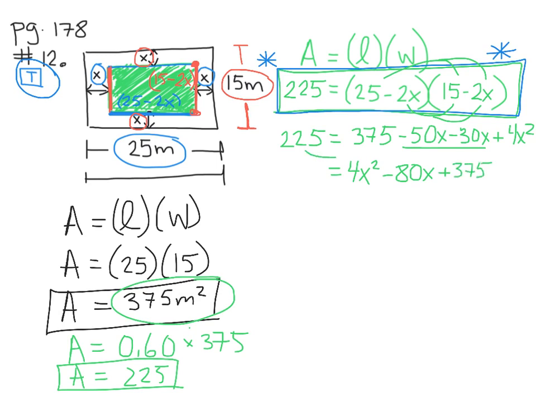And I'm going to bring the 225 over to the other side, which would be negative 225, leaving me with nothing on this side. Continuing this, I have 4x squared minus 80x, and when I add those two things together, I get positive 150.